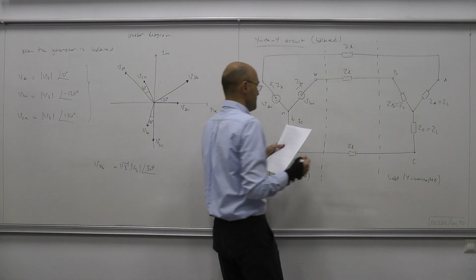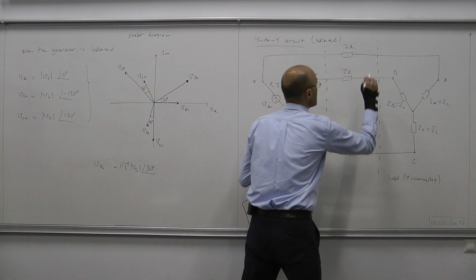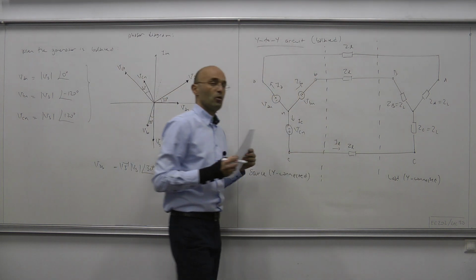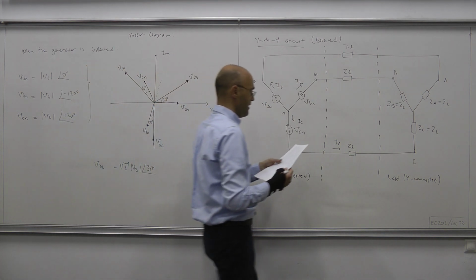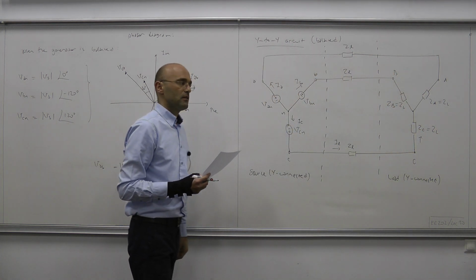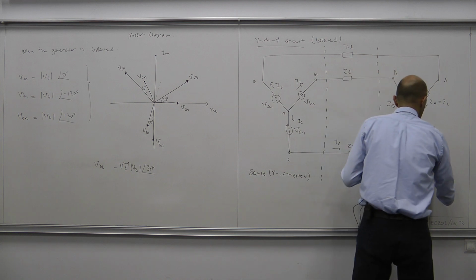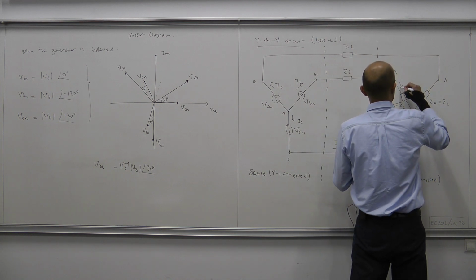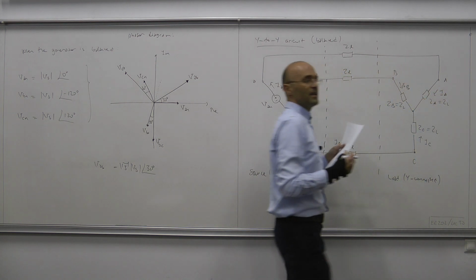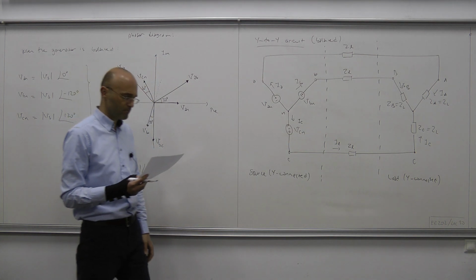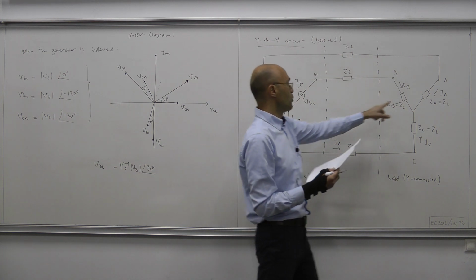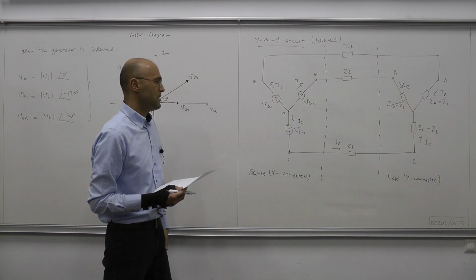Okay, and then these currents are traveling through the line, and when that's the case, we also call them line currents. And then finally, we have the currents flowing over the per phase loads. This is called I capital C, this is called I capital B, and this here is I capital A. Now in this Y to Y connection, clearly the per phase currents at the source side equal the per phase currents at the load side.